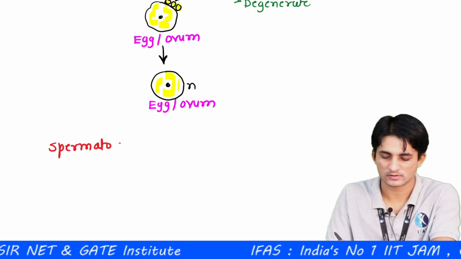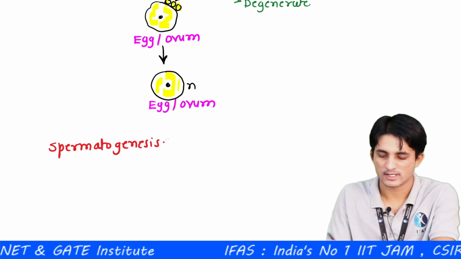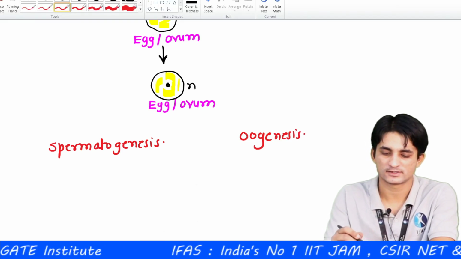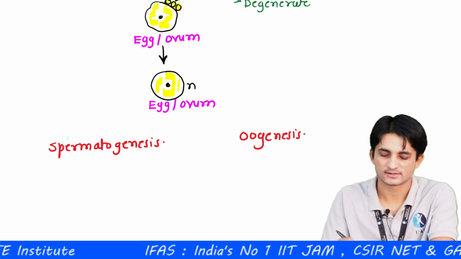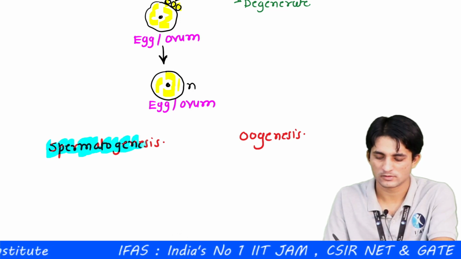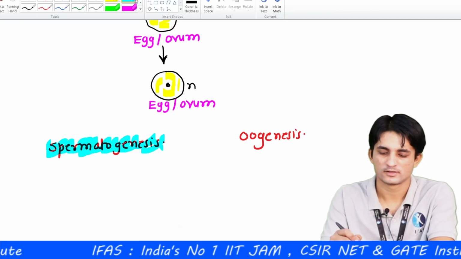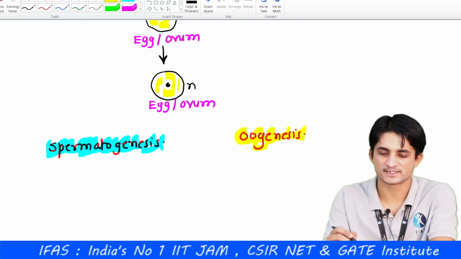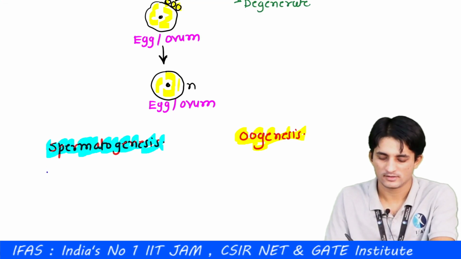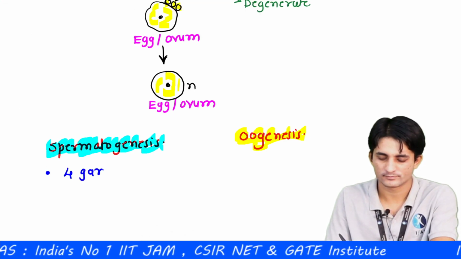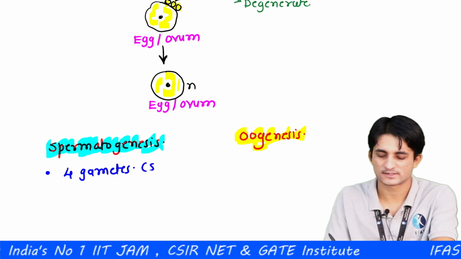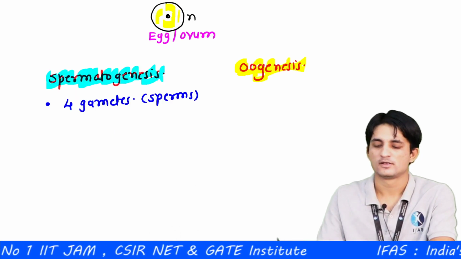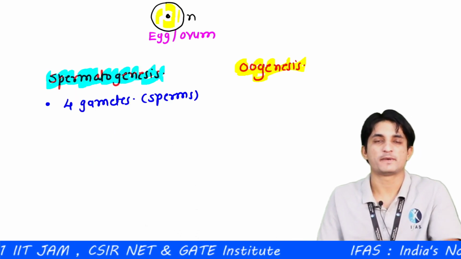In spermatogenesis there is formation of 4 gametes, that is sperms, formed after 1 spermatogonium.